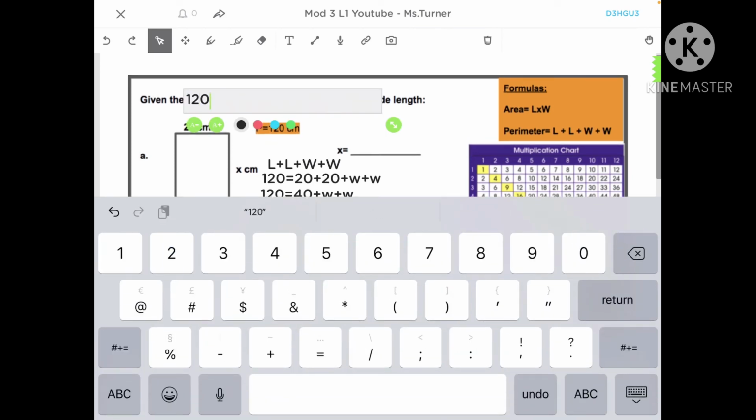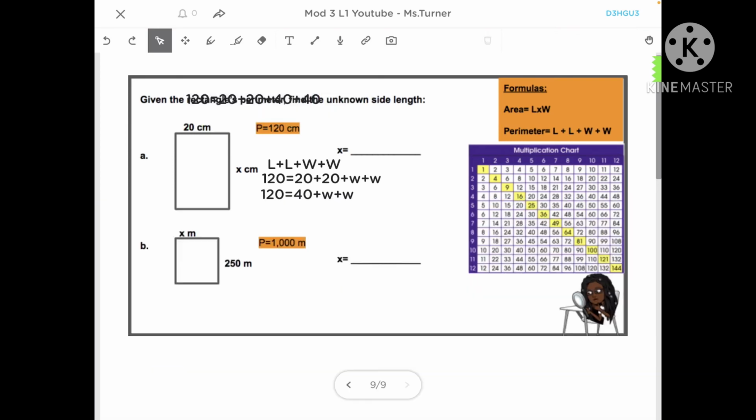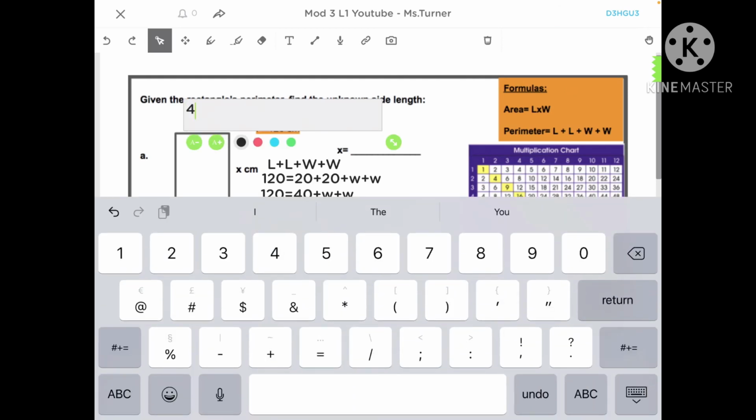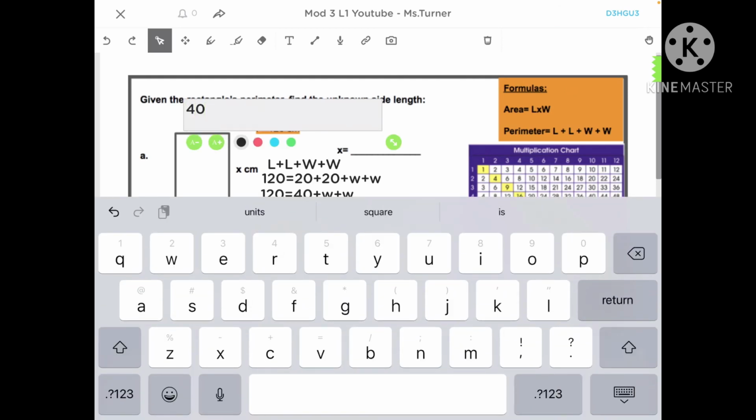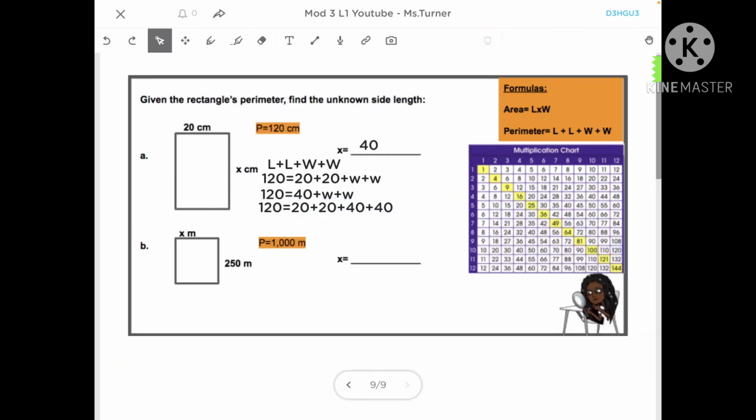So 120 equals 20 plus 20 plus 40 plus 40. When adding these together, I will be able to determine the perimeter, but I know that one side length is just 40. So I'm going to go ahead and put in my side length, which is 40 centimeters, or my width, which is 40 centimeters.